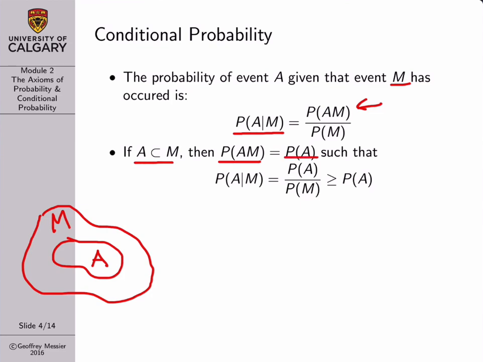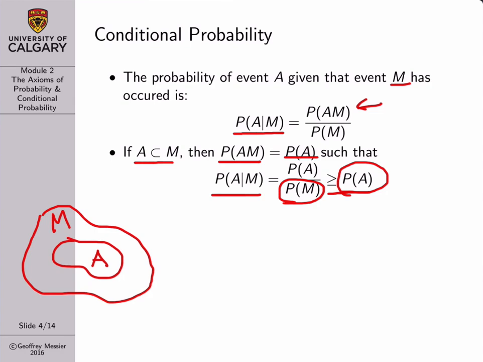Because the intersection of M and A is just equal to A, because all the elements that they have in common are within A. And so the probability of A occurring, given that we know that M has occurred, is equal to the probability of A divided by the probability of M, which is always greater than or equal to the probability of A, because the probability of M has to be less than 1. What this means is that now that we know M has occurred, the chance of A occurring has increased. So our uncertainty has in fact gone down.